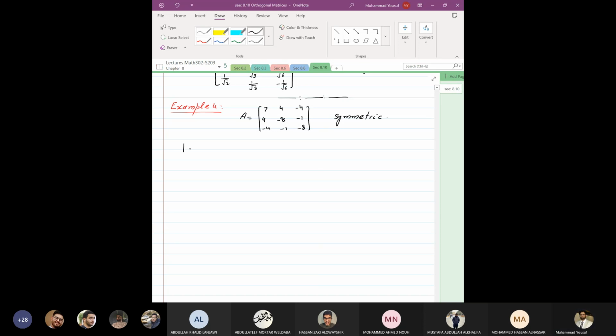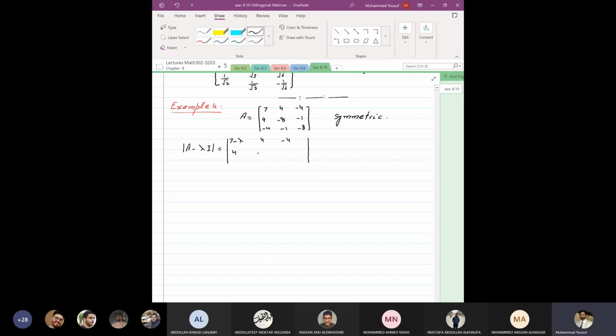Now, A minus lambda I. Let us find its eigenvalues. Seven minus lambda, 4, negative 4.